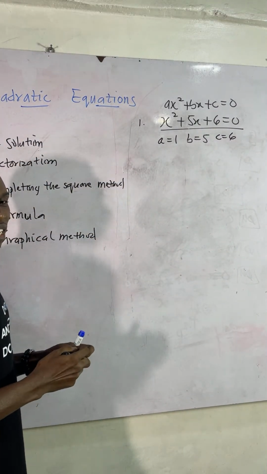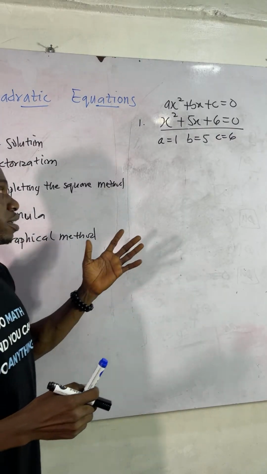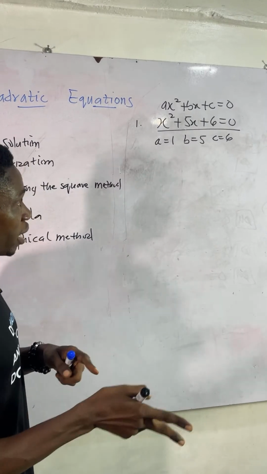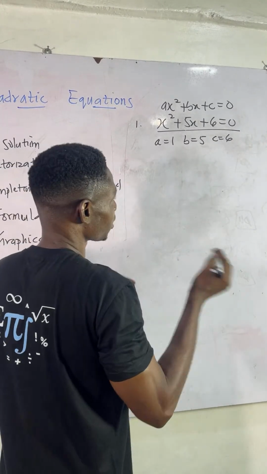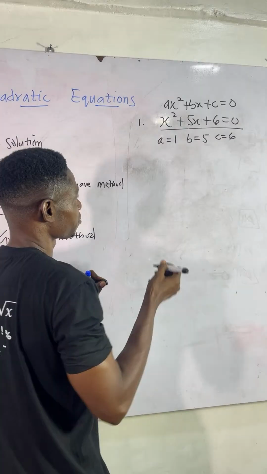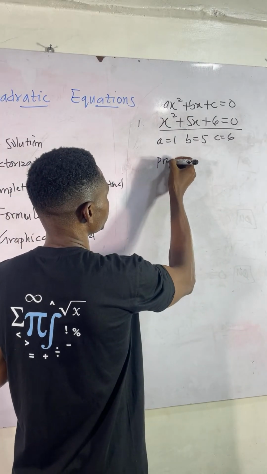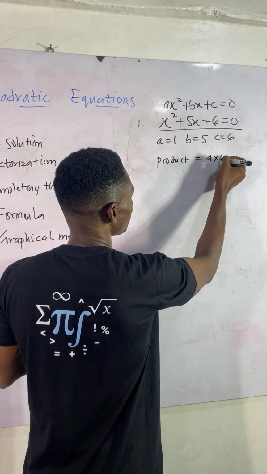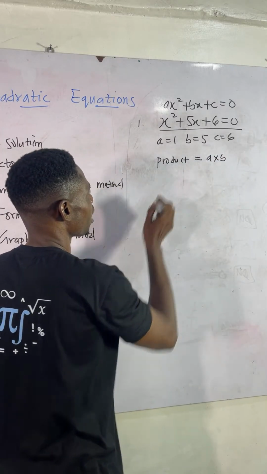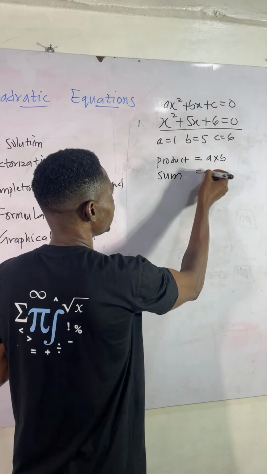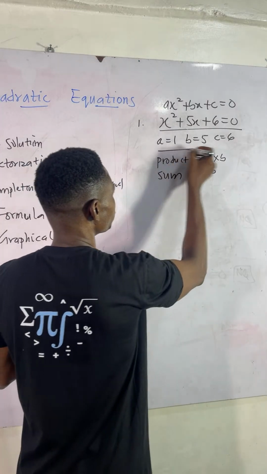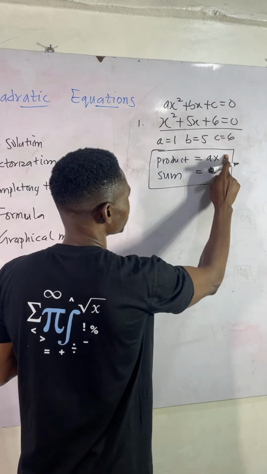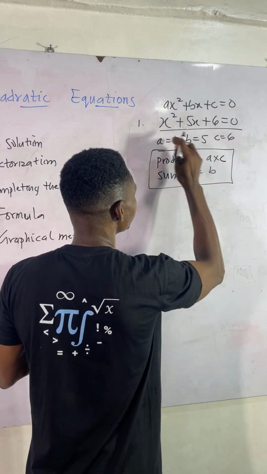Right? Now, when we say factorization, what we want to do is look for two numbers that when we multiply them, the product is a multiplied by c and the sum is b. So we're looking for two numbers that when we multiply them, we get AC.